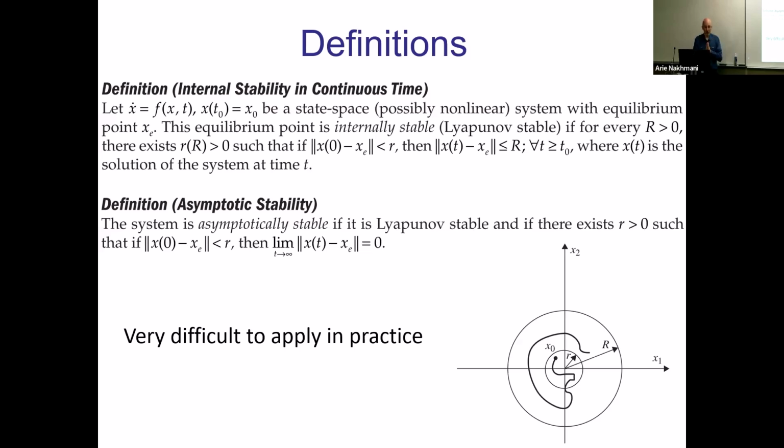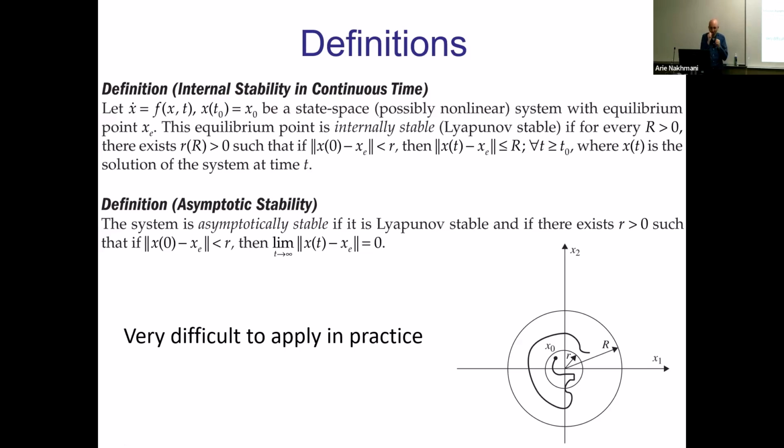So pick your radius. My claim is that if the system is internally stable, I will be able to take your radius and pick a smaller radius, which I will call not capital R, regular r. Obviously it will be a function of your radius. If you pick that kind of radius, I can pick that kind of radius. If you pick that kind of radius, I will pick even smaller radius.